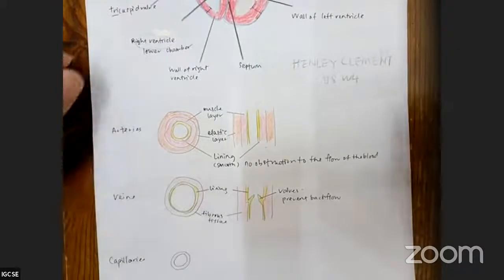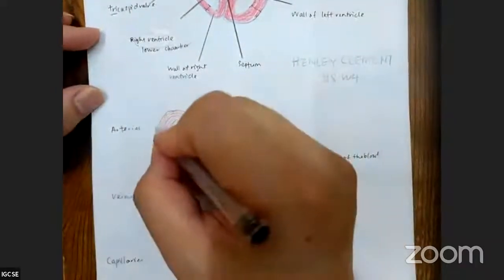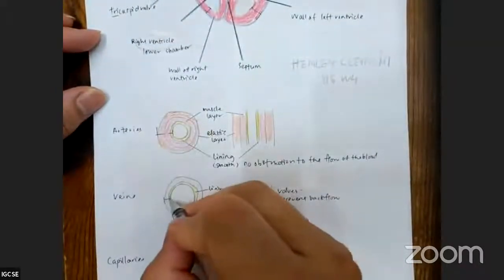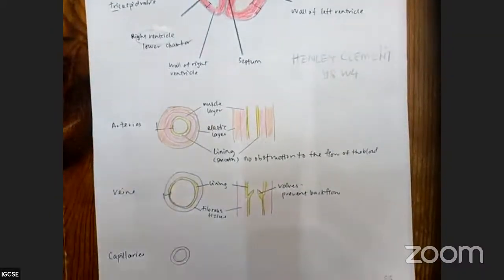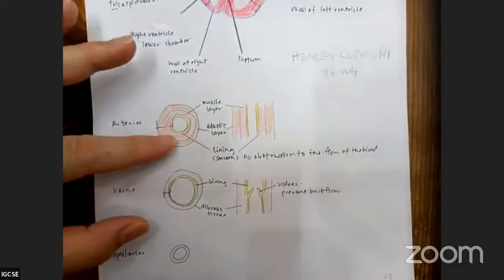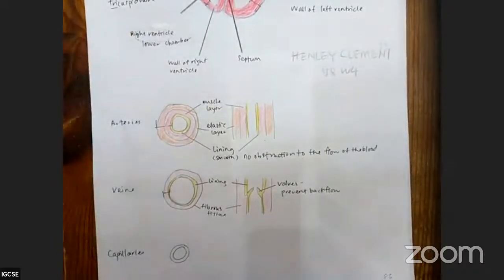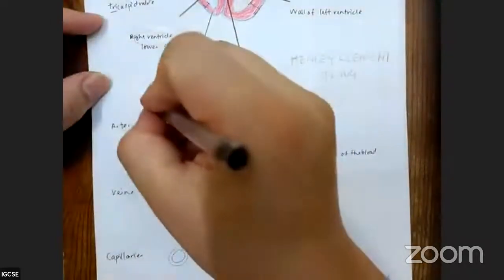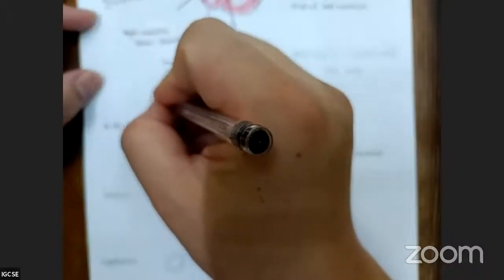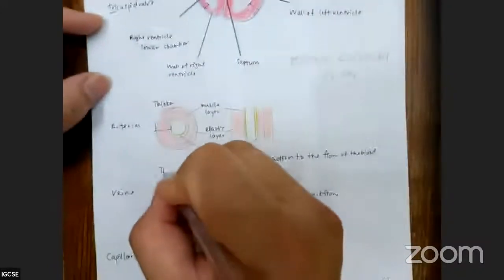But as compared to the vein, can you see it's thicker? This one is thinner. The layer of the muscle is thicker as compared to the vein. So we can say this is thicker, and this is thinner.